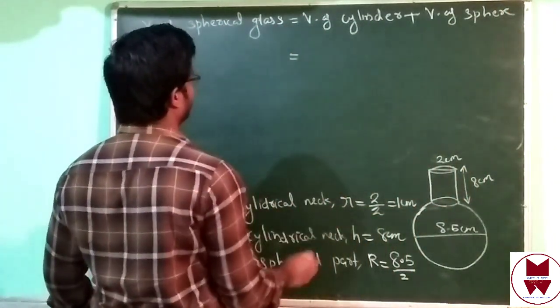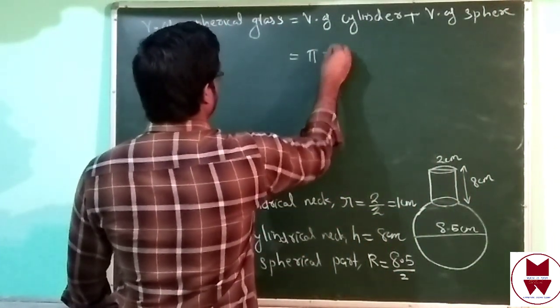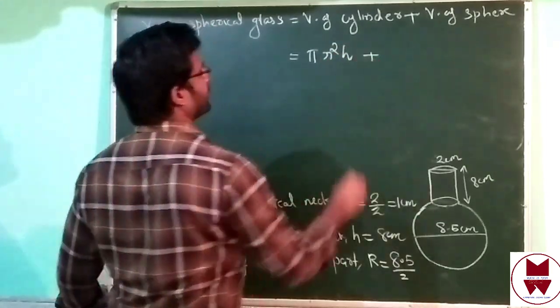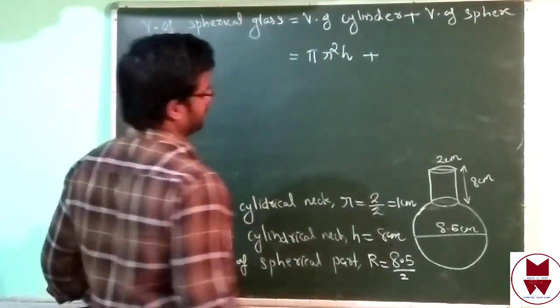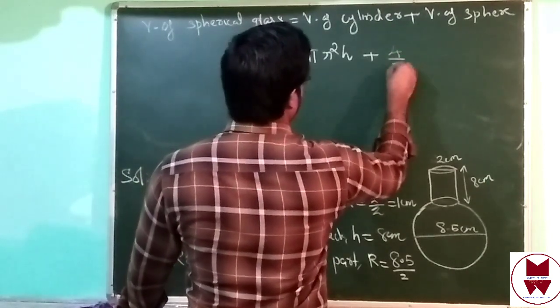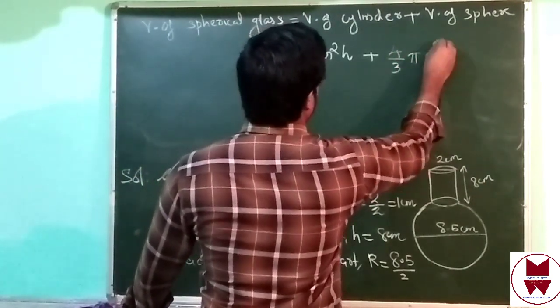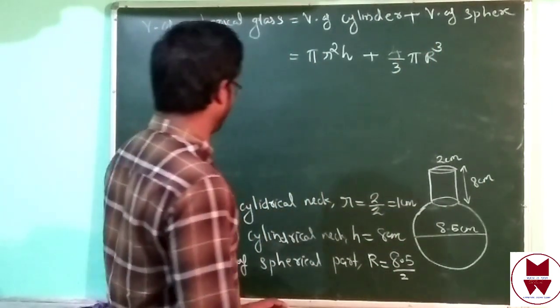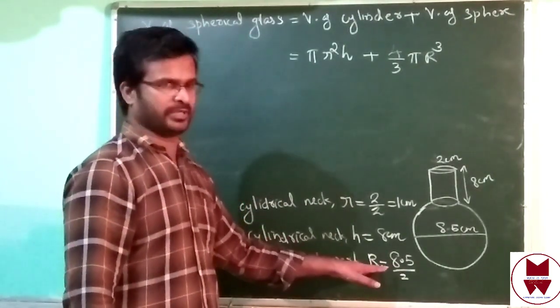Volume of cylinder is pi r square h. Then volume of sphere is 4 by 3 pi capital letter R cube, because here radius of spherical part we took capital letter R.